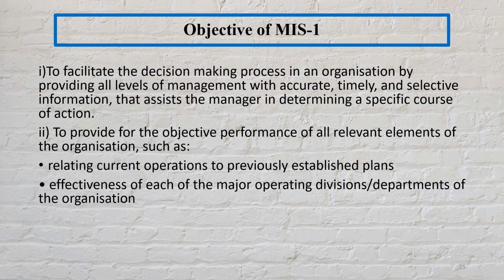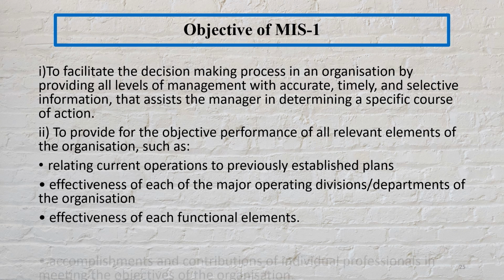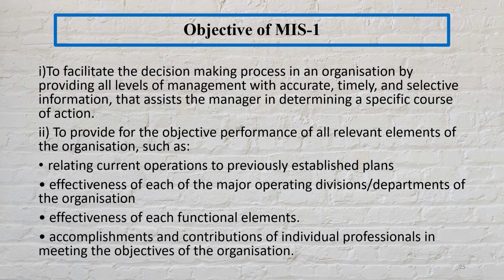Effectiveness of each of the major operating divisions and departments of the organization. Effectiveness of each functional element. Accomplishments and contributions of individual professionals in meeting the objectives of the organization.